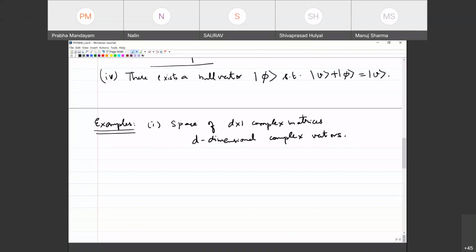These are indeed the D-dimensional column vectors. We saw a glimpse of this last week when we represented the qubits in terms of these column vectors, right? At that time, we represented them using 2 cross 1 column vectors, right? So now I'm talking about the space of D cross 1.